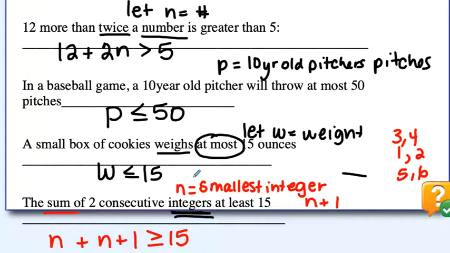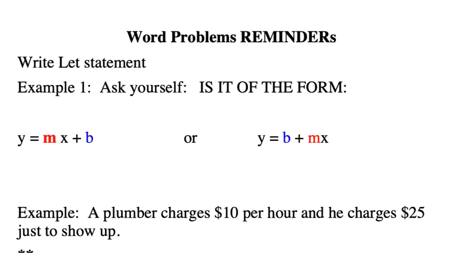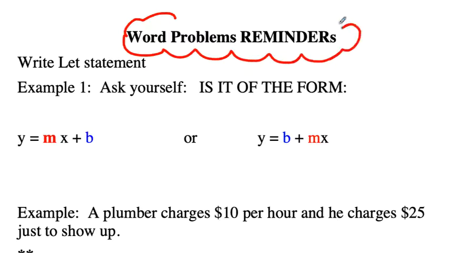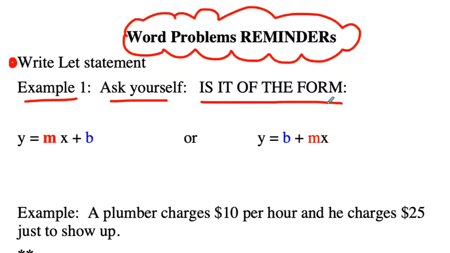That's basically taking some words and putting them into action, putting them into inequalities. They do get harder. So let's look at an example and some word problem reminders. Okay, so first you always want to write a let statement because that is really the most important part of this. Now, for the first example, I want you to always ask yourself, is it of the form y equals mx plus b, or just mx plus b, or b plus mx?